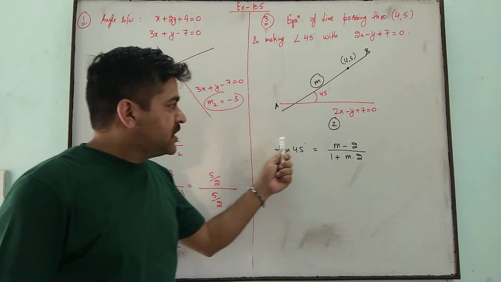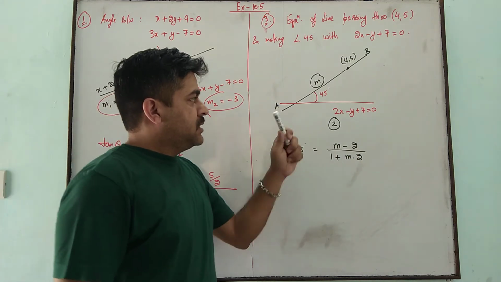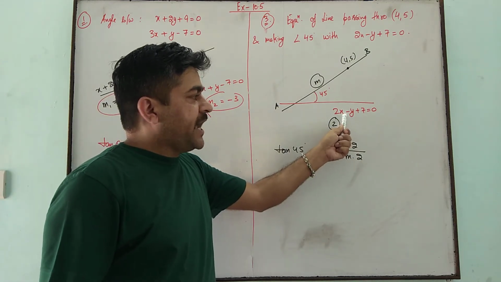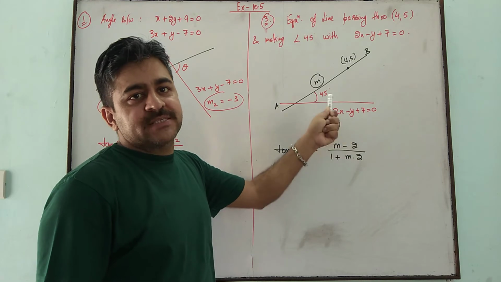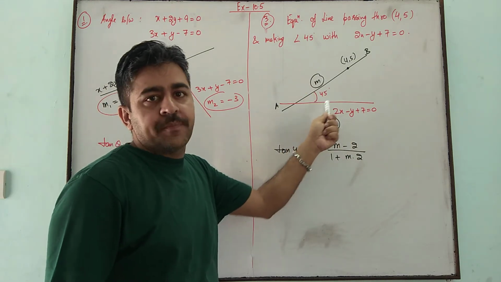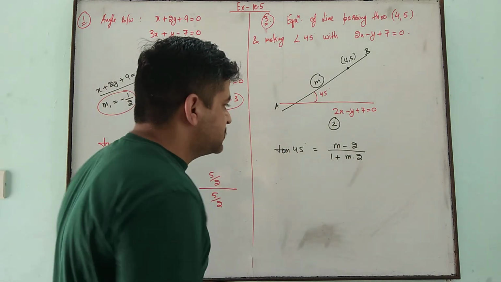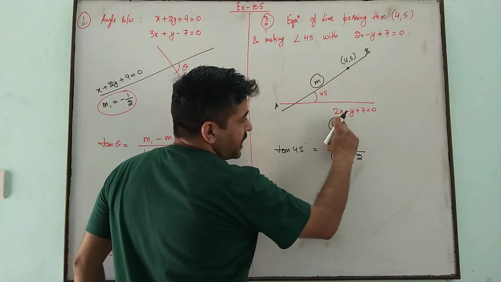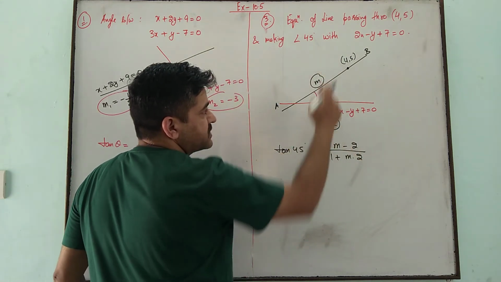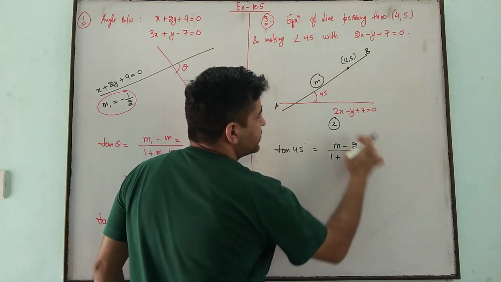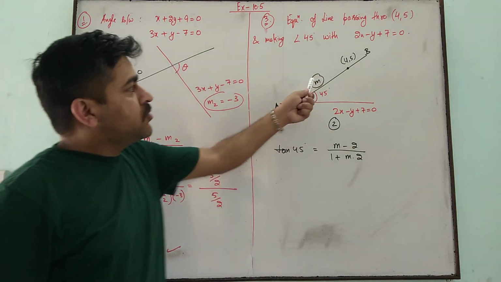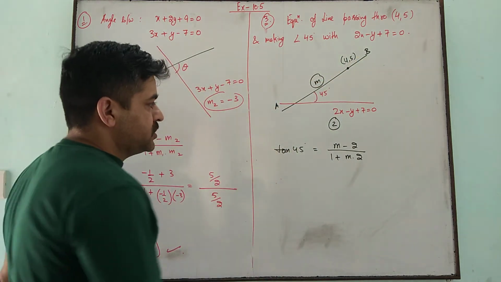Right? So we are using the concept of angle between two lines, because the line is not the x-axis. If it were the x-axis, then we could write the slope as tan 45, but it is not. So the slope of this is minus 2, and the slope of the other is, let us say, m. By solving this you will get m. Then you can use the one point form to write the equation.